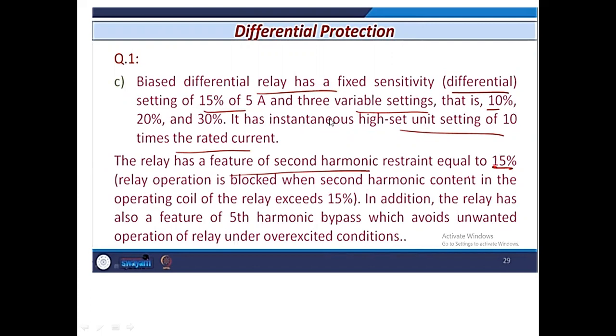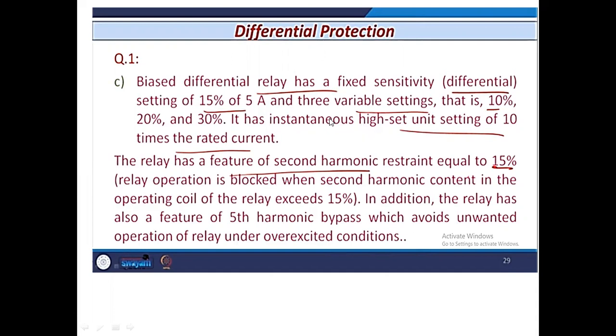So we have started the differential protection for the transformer. Now let us consider one example. In this example, you need to draw the protection scheme for a power transformer that contains a bias differential relay.